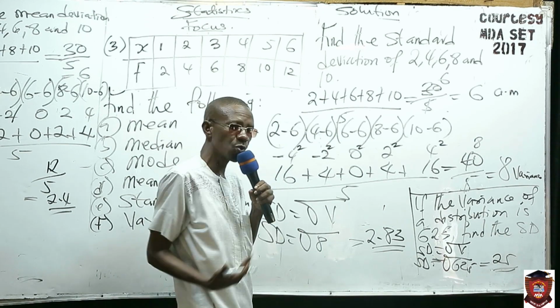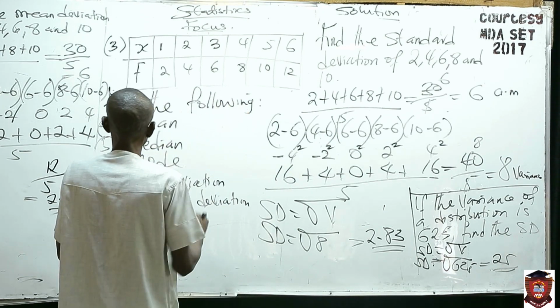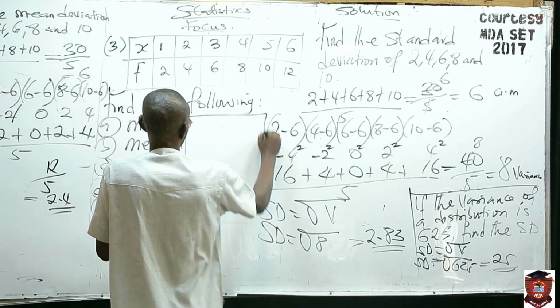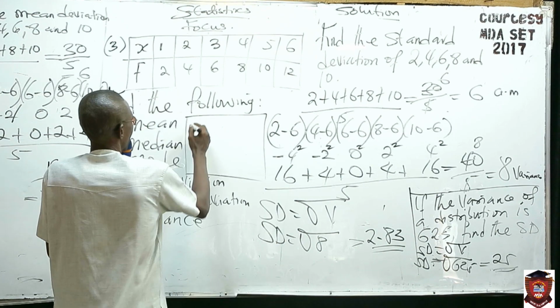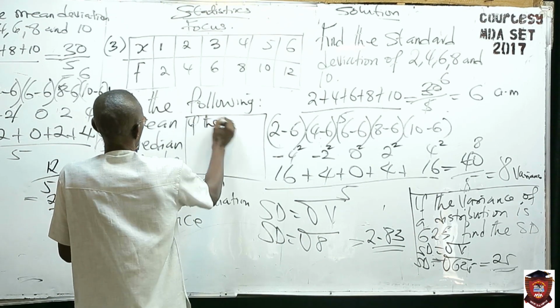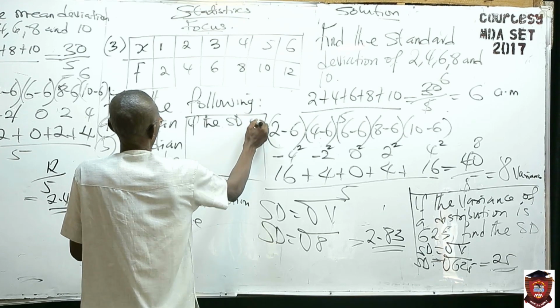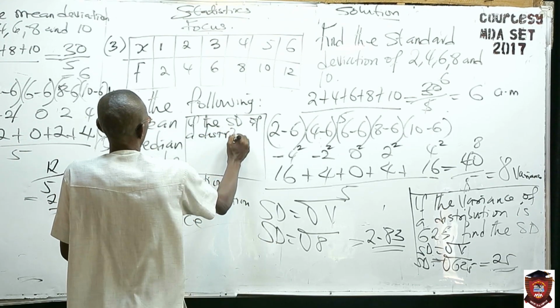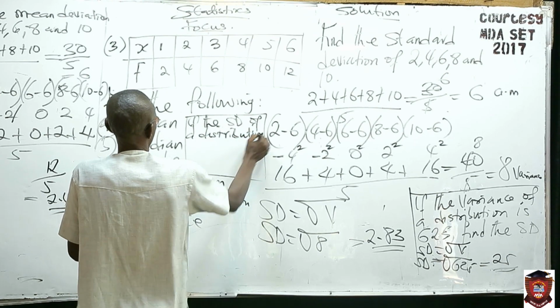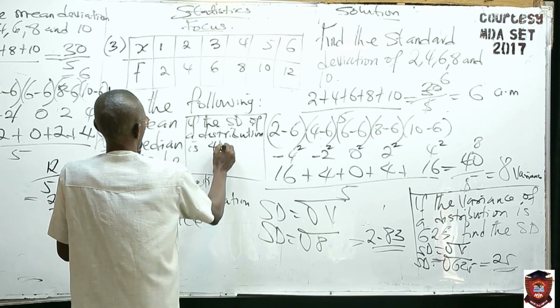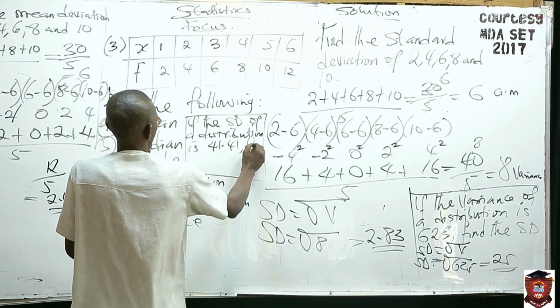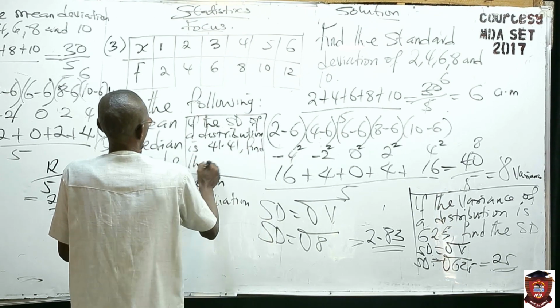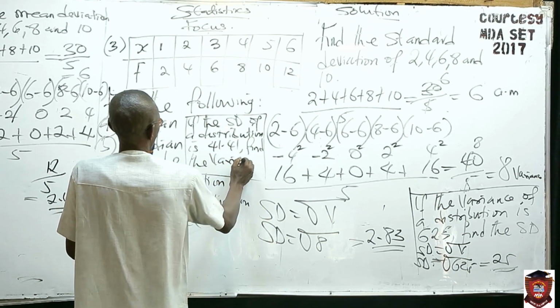Apart from this one, they can equally say, if the standard deviation of a distribution is 41.41, find the variance.